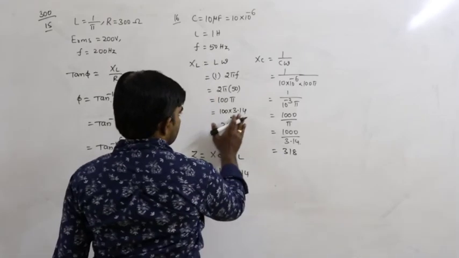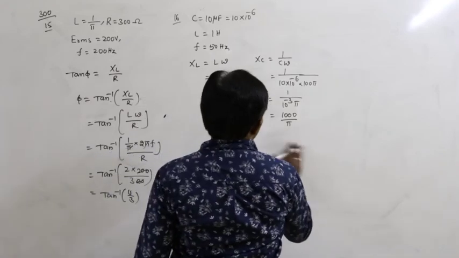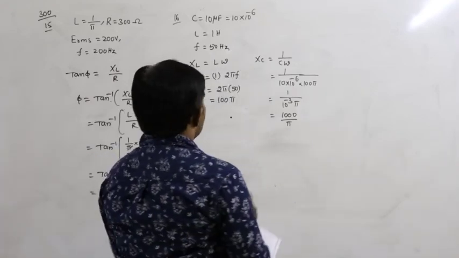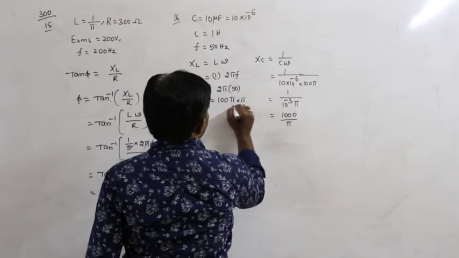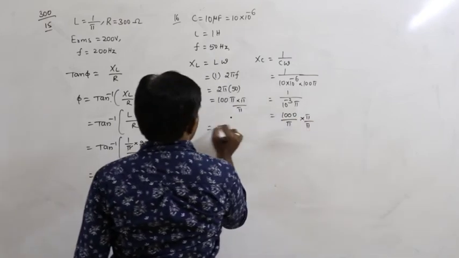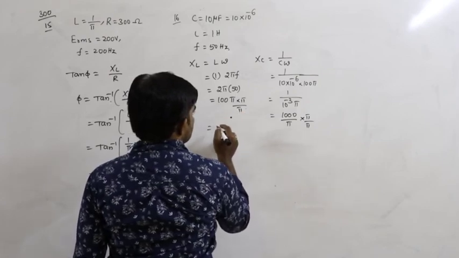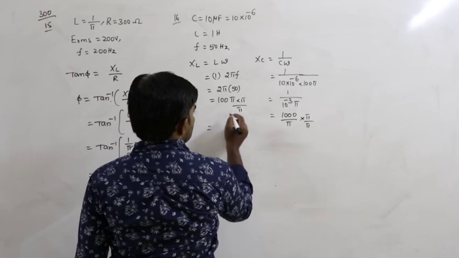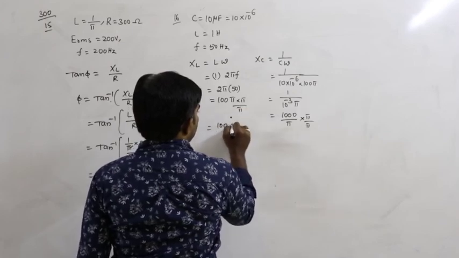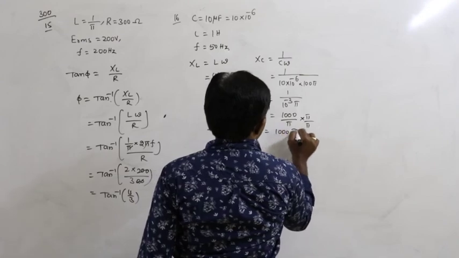For simplified calculation, multiply by pi divided by pi, giving 100 pi square divided by pi and 1000 divided by pi square.